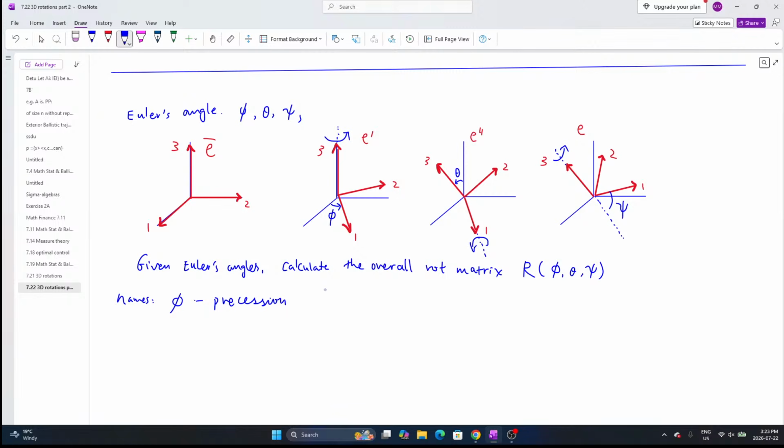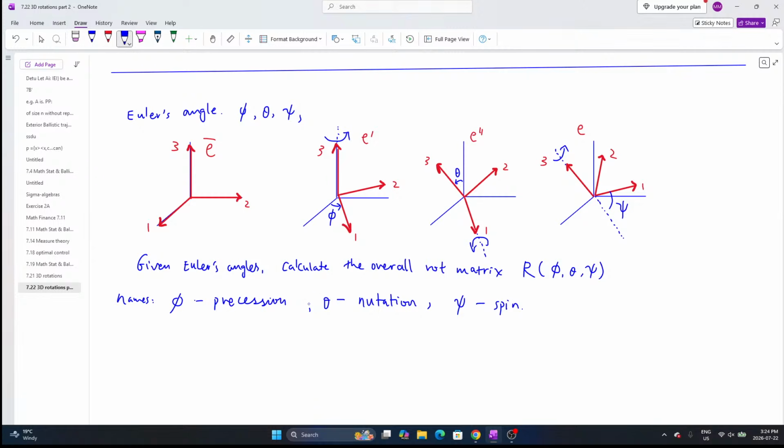Anyway, theta is nutation, and lastly, we got psi. Psi is spin. So these are the names of these three Euler's angles.